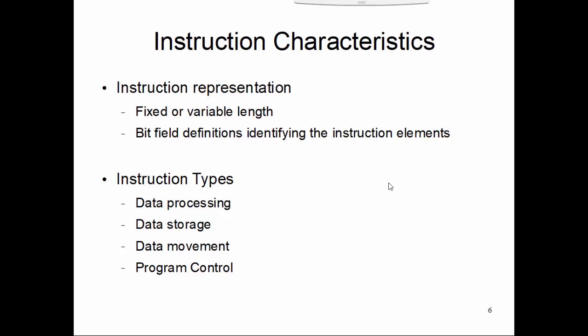Data storage plays another part, right? How much memory am I going to support, how big would be the text or code area in that memory, how big would be the static data part, how big would be the dynamic data part of the memory, and so on and so forth, right?